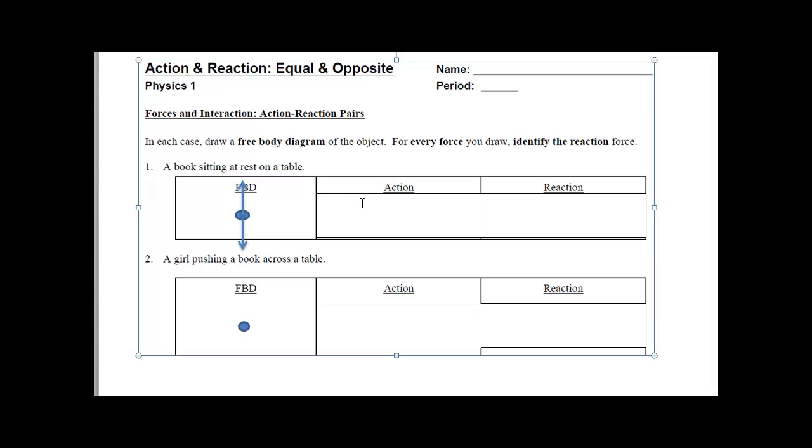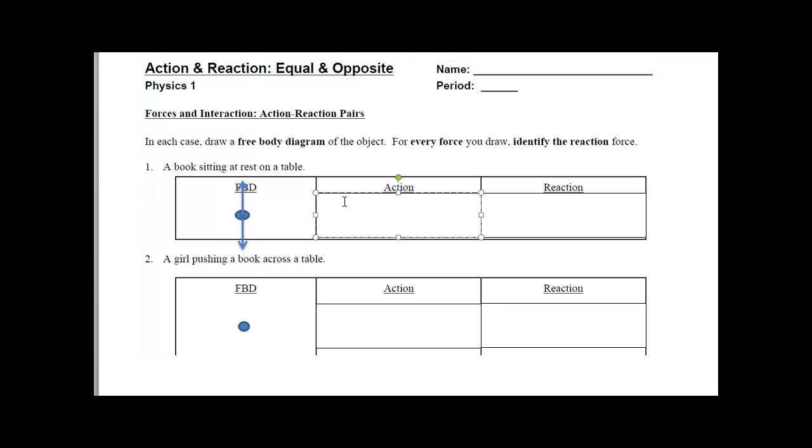Now, writing the action-reaction pairs. For every interaction, anytime two objects interact with each other, we have what we're calling an action-reaction pair. For every action, there is an equal and opposite reaction. So the action here would be that gravity pulls the book down.